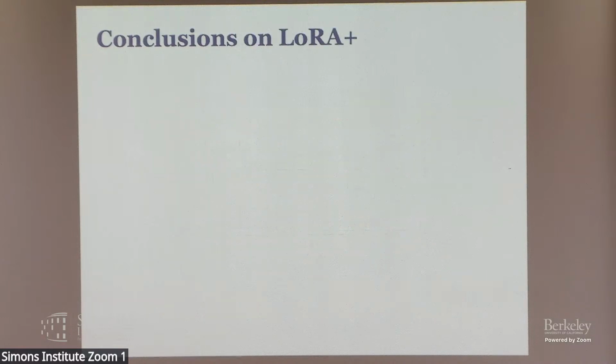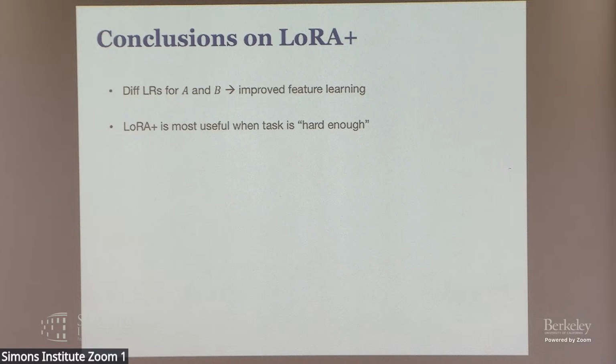Just to conclude, before moving to the second topic: what we did is we found that different learning rates for A and B result in improved feature learning, asymptotically. By feature learning here, I mean that delta A and delta B are both θ1, right? So they contribute significantly to the feature updates.